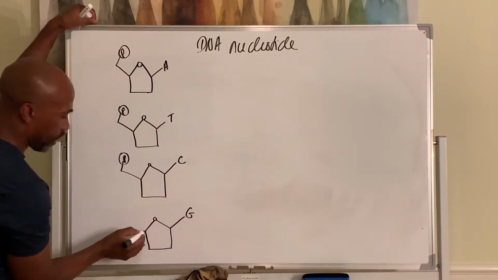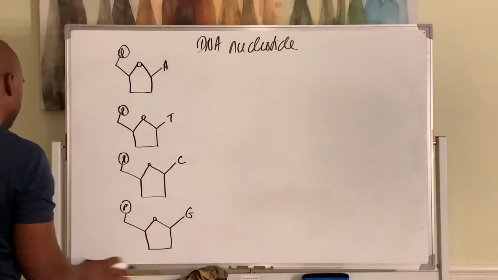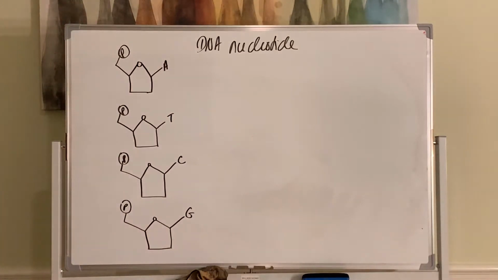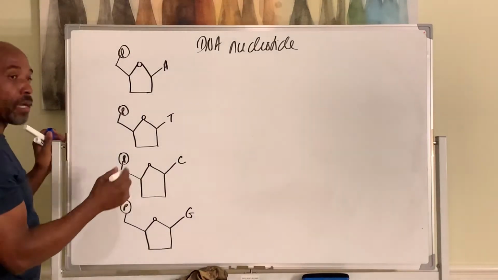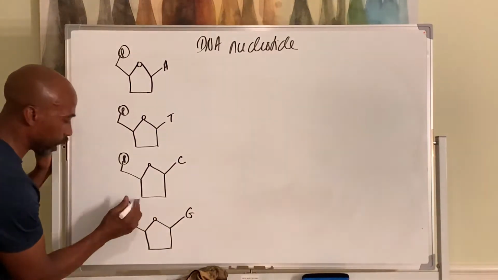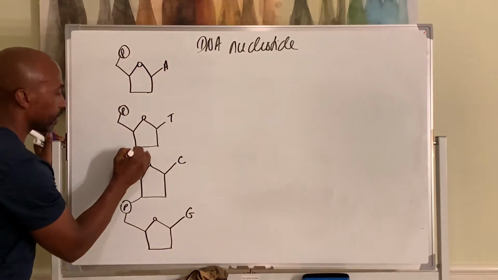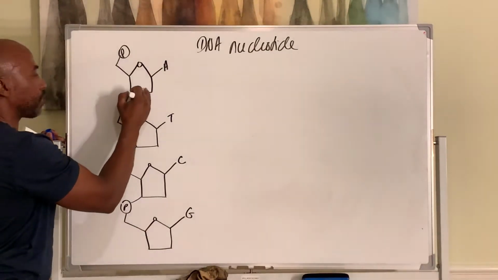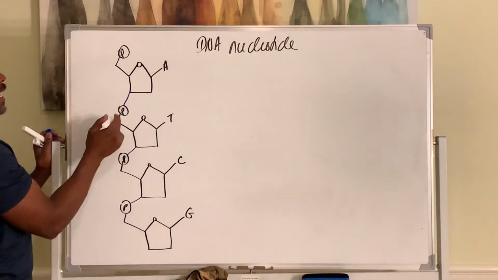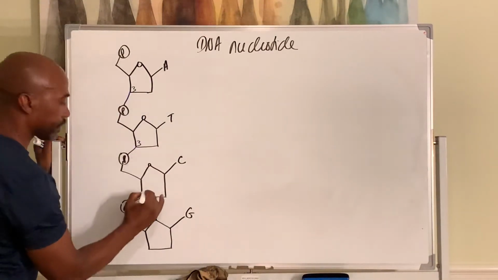So this is how you have your nucleotides, and then the nucleotides link together by forming a bond between the phosphate group and the number 3 carbon, like this. So it's called a sugar phosphate backbone. The phosphate of one nucleotide links to the number 3 carbon of the next nucleotide.